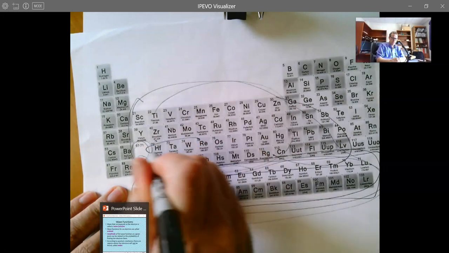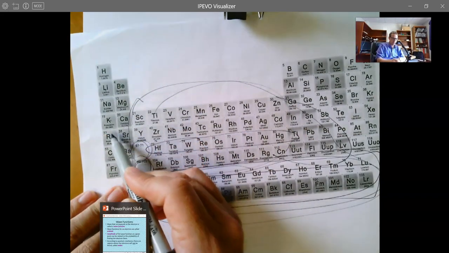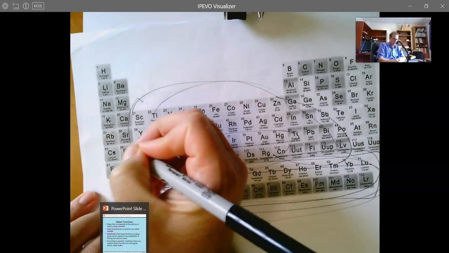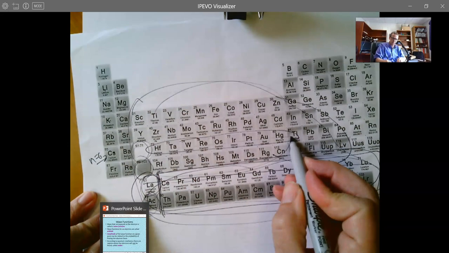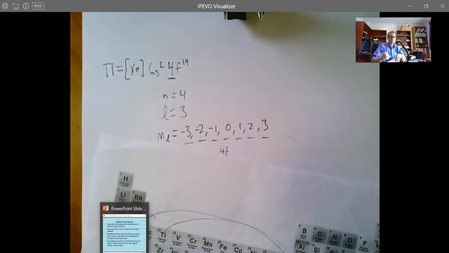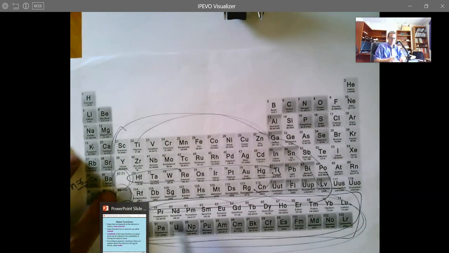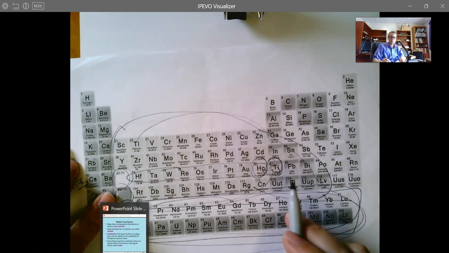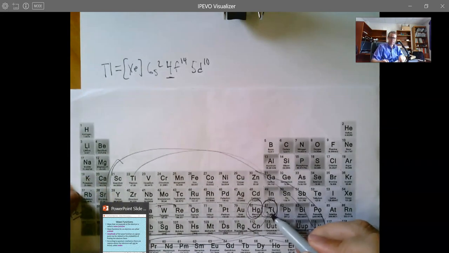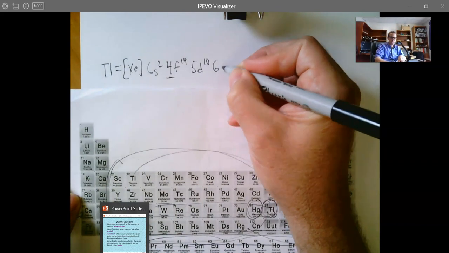We're right here. This is row 6, 1, 2, 3, 4, 5, 6. n equals 6 for here, but for this D area it would be 5. So we have 5d10, and when we get to the end of 5d10, we just need one more. What would that last one be? 6p1.